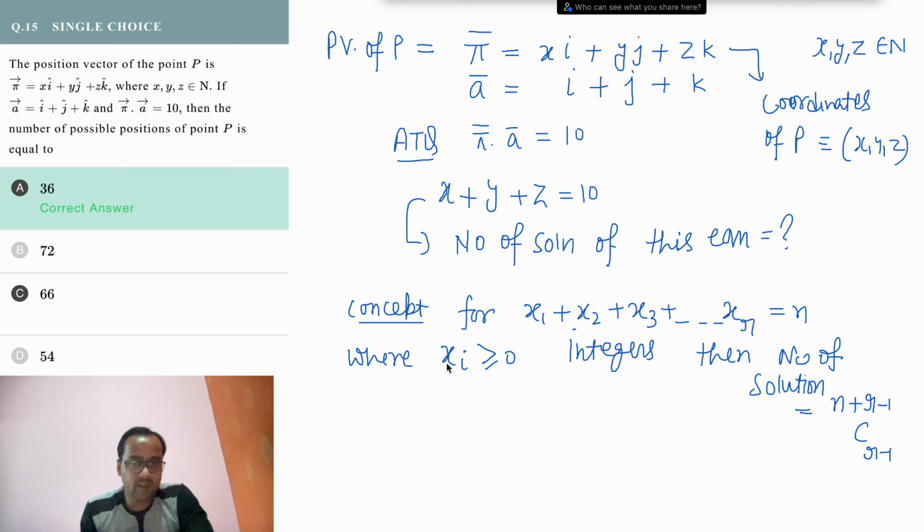Here x1, x2, x3 are all either natural numbers or 0, or you can say non-negative integers, 0 or positive integers.